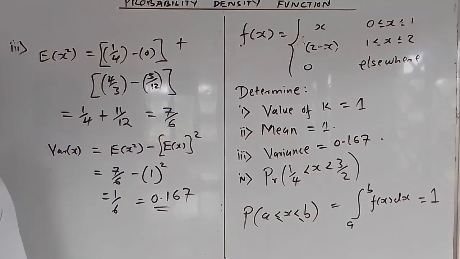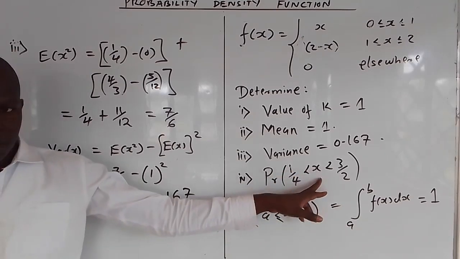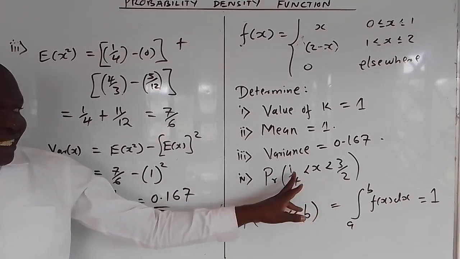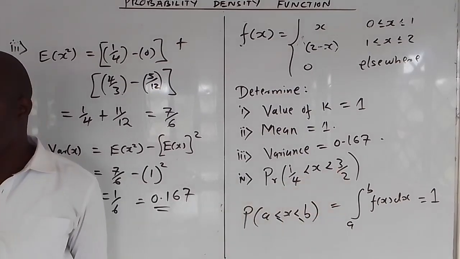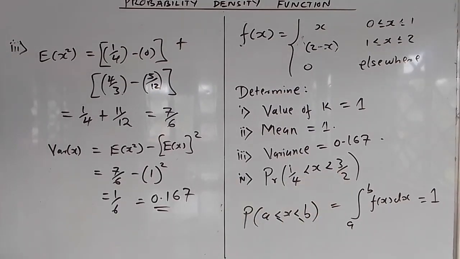What else do you want? The probability that x is between 1 over 4 and 3 over 2. Are we together there?